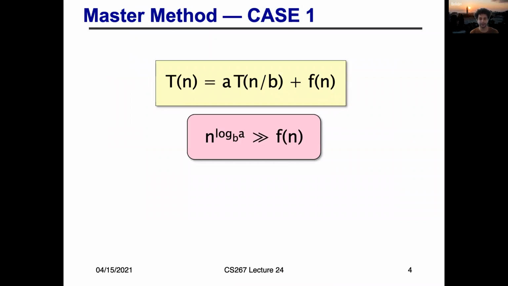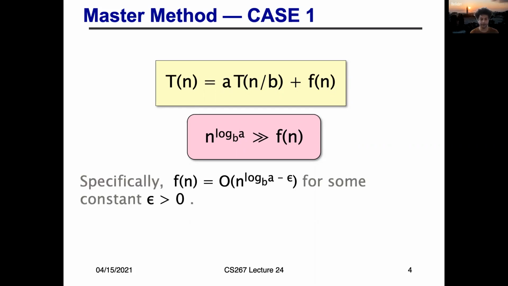So the first case is when this quantity n to the log base b of a is significantly larger than the cost of combining, in which case the solution of the recursion will be dominated by the number of subproblems we're creating, not by the cost of the extra work we do to combine or split the data.